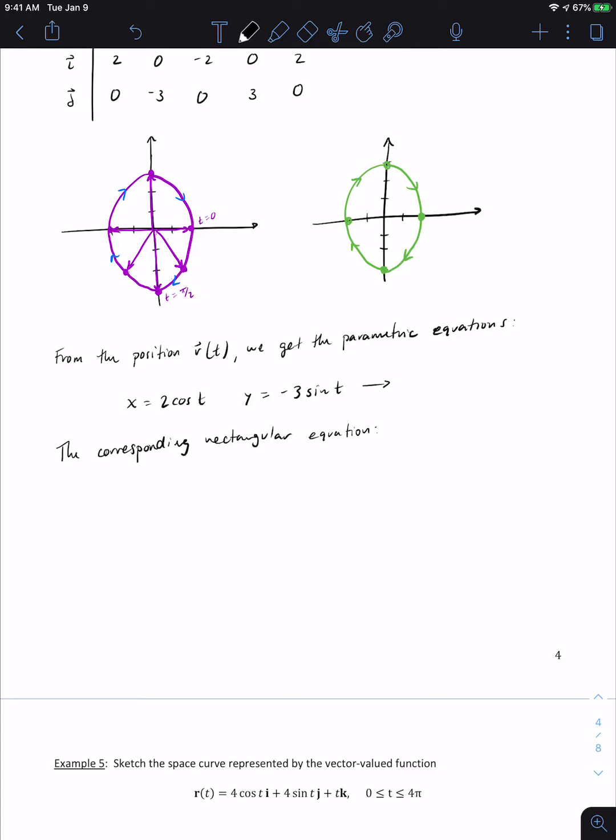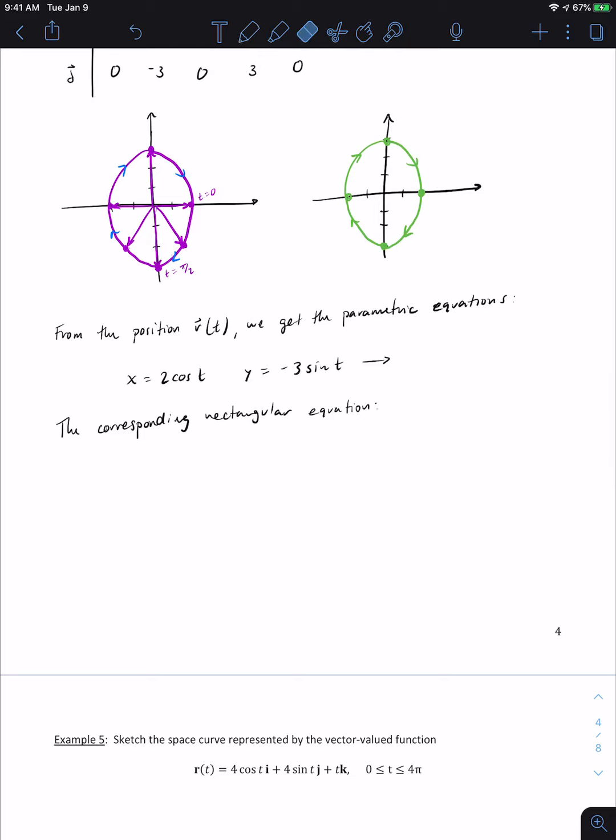Whenever I have sines and cosines for my parametric equations, I always use the property that cosine squared of t plus sine squared of t equals 1, right? So if I looked at these parametric equations, I know that x over 2 is equal to cosine of t, and y over -3 is equal to sine of t.